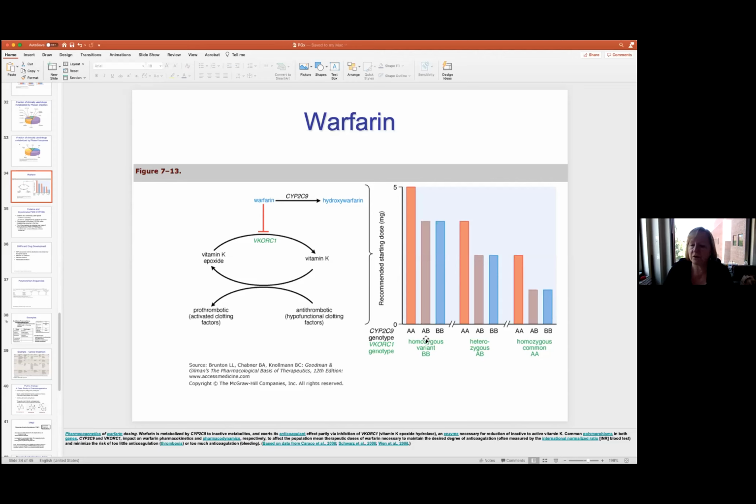Holding one thing in common, the VKORC1 homozygous variant BB, you can see that if you have the CYP2C9 variant that is homozygous for A, you need a lot higher starting dose than you normally would. Normal starting dose would be 2 or 3 mg per day.